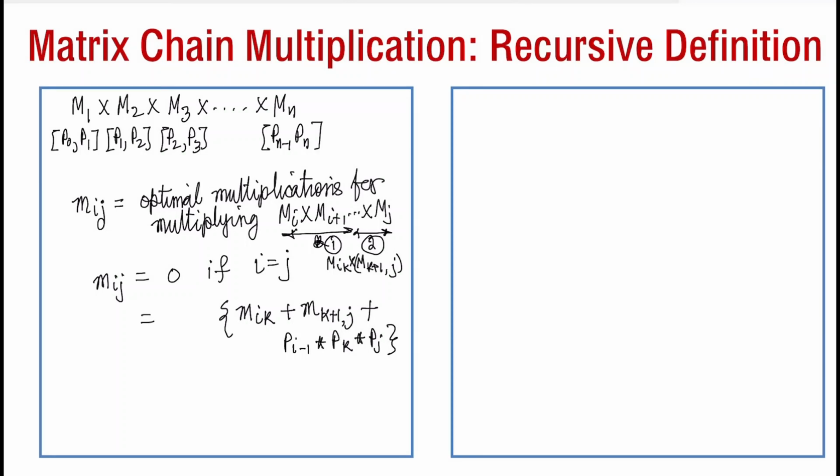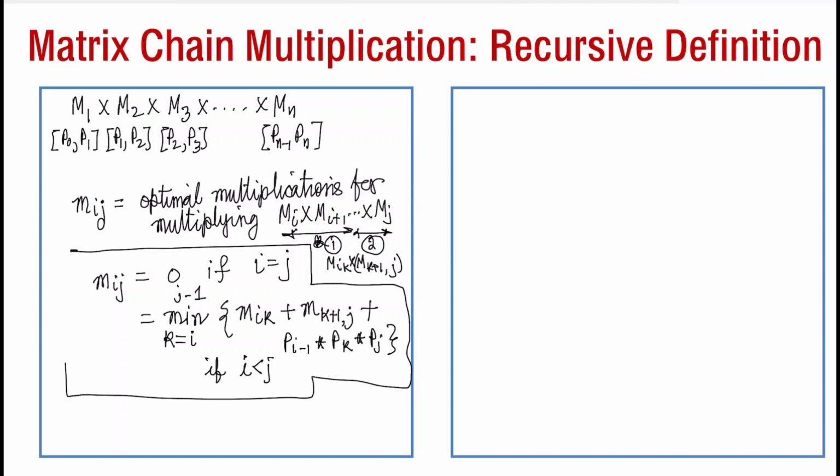And I want to do this over all k and find the minimum from k equal to i to j minus 1. So this is the condition if i is less than j. So this gives me my dynamic programming equation, which is my optimal substructure equation.